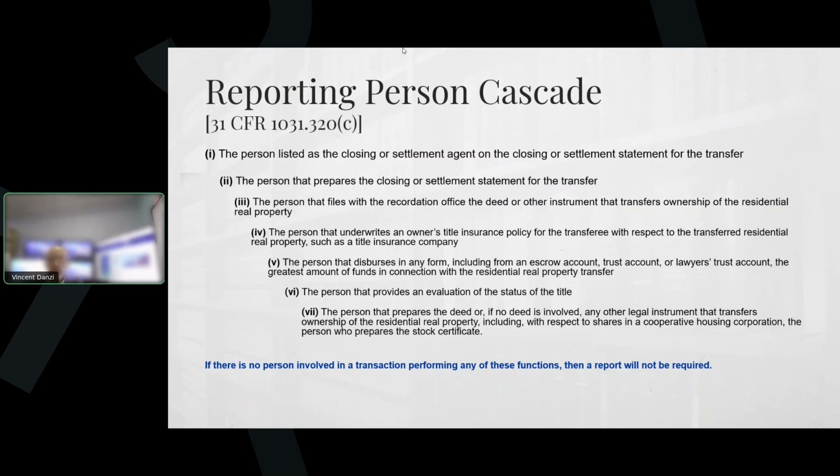Like I said earlier, we have come up with a questionnaire designed to elicit the information we need to make a determination about whether we, and when I say we, I mean you, the title agent, need to make that filing, or if someone else will be primarily responsible for making that filing.